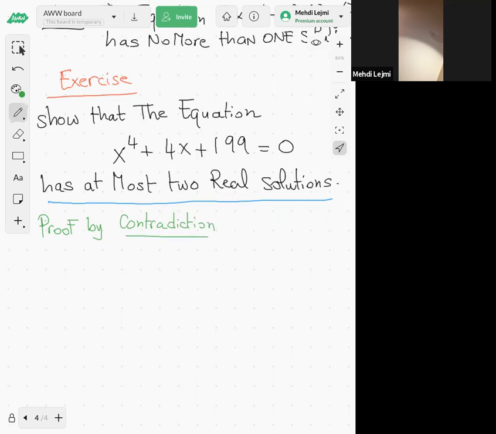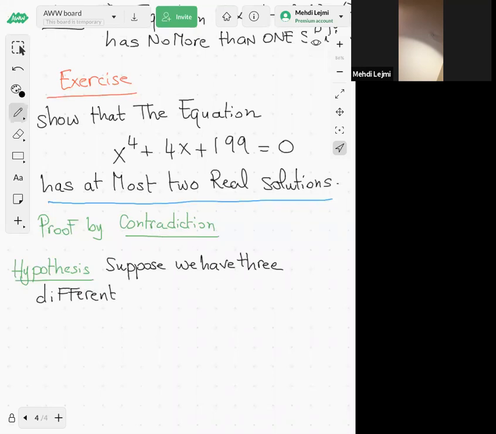Okay, so here's my hypothesis. I'm gonna suppose we have three different solutions, let's say A, B, and D, of my equation, let's say f of x equals x to the fourth plus 4x plus 199 equals 0.